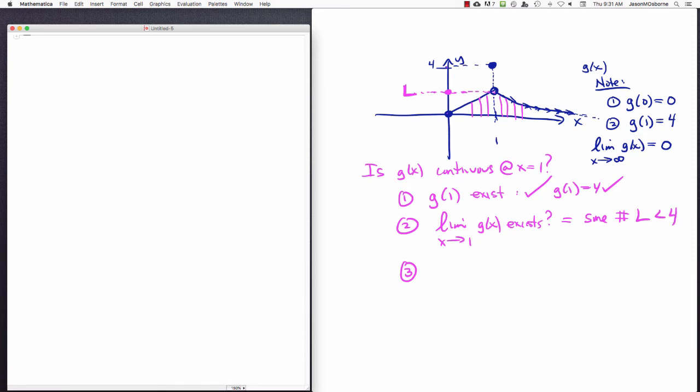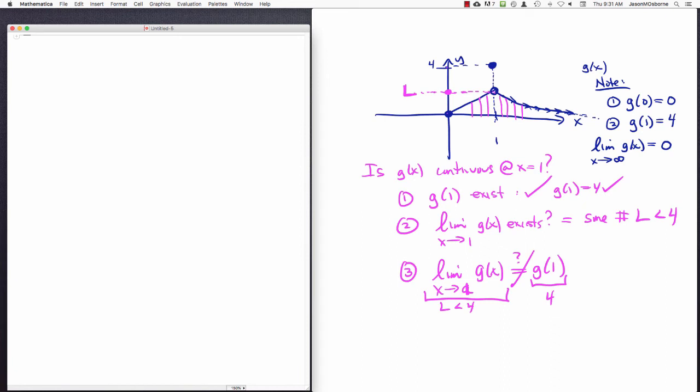Third thing, to be continuous, the limit as x goes to 1 of g of x, was that equal to g of 1? G of 1 was equal to 4, but our limit was equal to some number less than 4, so those two are not equal to each other.